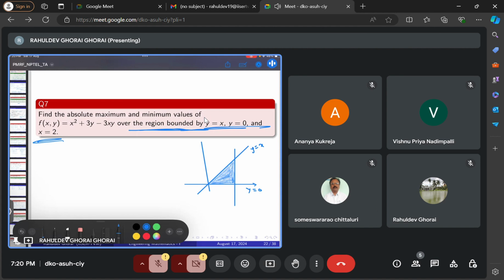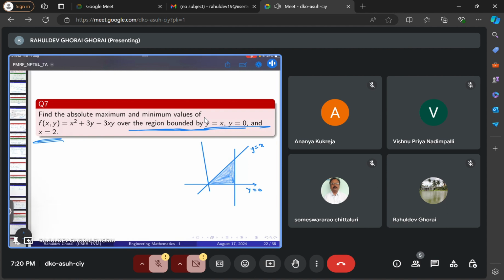Sorry, yeah, absolute minima and absolute maxima of the function f(x, y). Okay, so how to do that? This is a general procedure. Did you go through the notes or lecture video by Professor Jitendra Kumar? If you went through, then you know. Otherwise, I can also explain a little bit here.